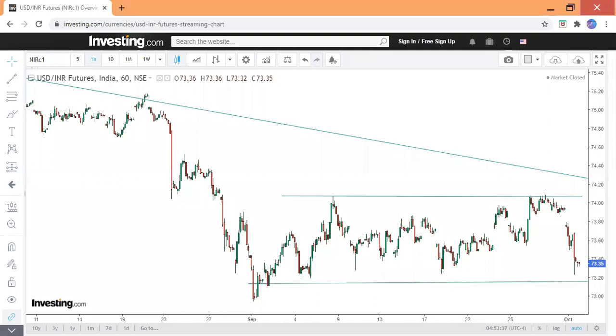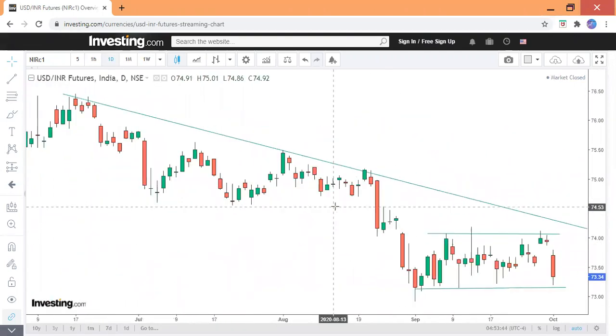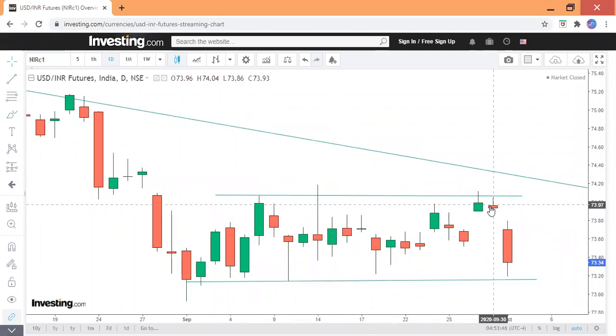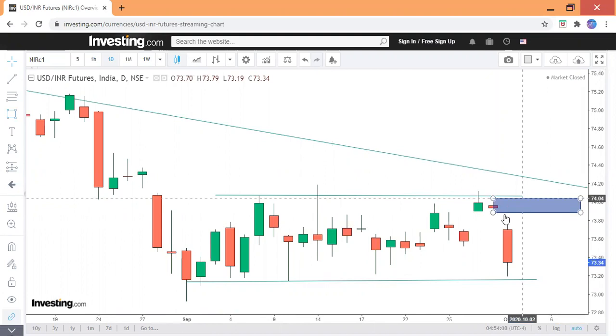If we plot this data on the daily chart, this is the doji candle where 5% open interest has been built up, and we have seen the low of this candle has not even been tagged on Friday's candle. The high of this candle has not even tagged the low of this candle.